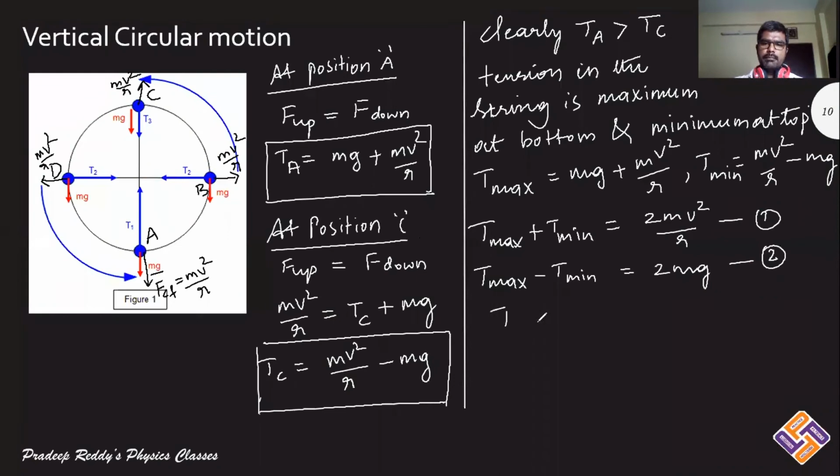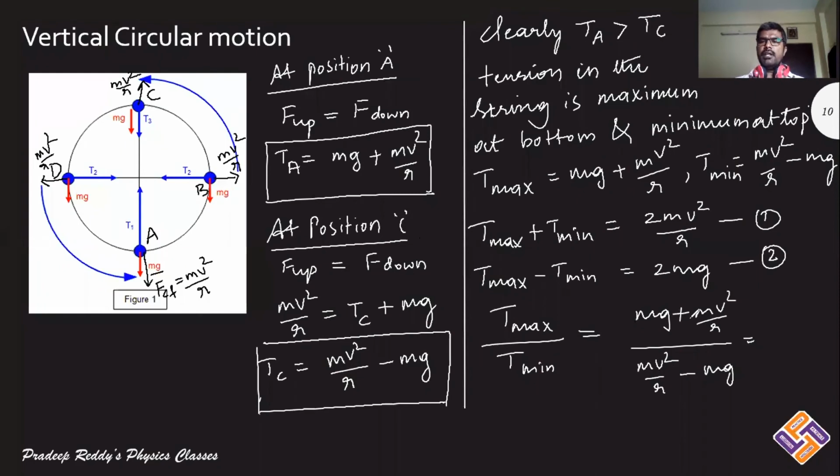T maximum divided by T minimum is equal to mg plus mv square by r divided by mv square by r minus mg. In the numerator and denominator you can take m common and cancel it. So finally it will be written as v square by r plus g divided by v square by r minus g.